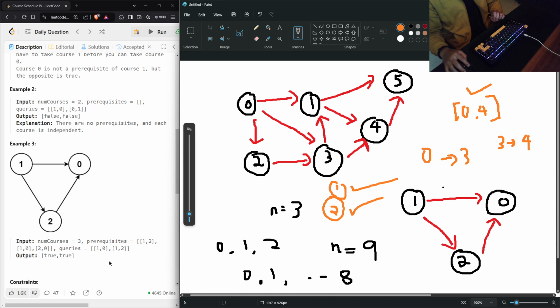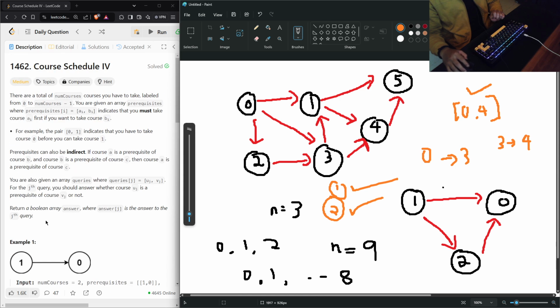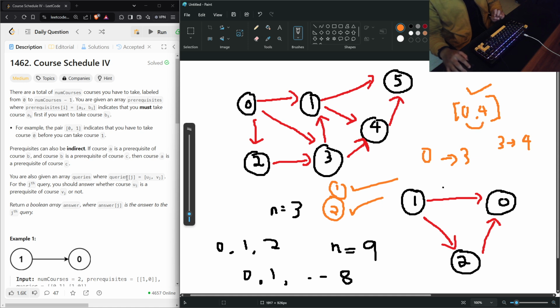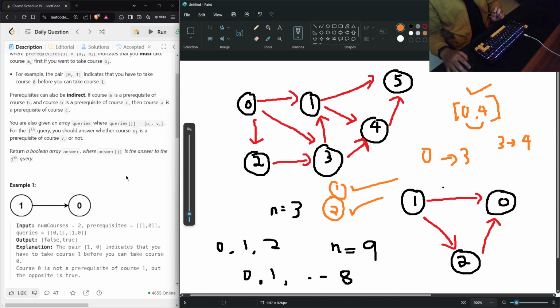Basically, if you take a look at the example there, they have also mentioned that a prerequisite can also be indirect, which I just kind of explained to you. This is a prerequisite or a query which indicates that they are looking for an indirect connection. So this is what they want us to determine, if two nodes are connected either directly or indirectly.